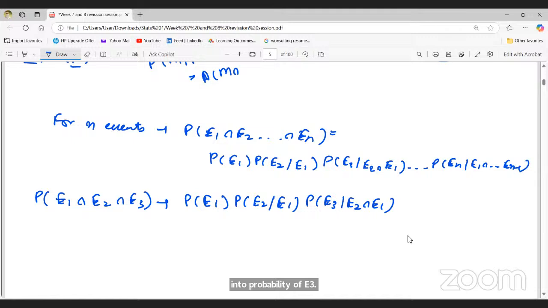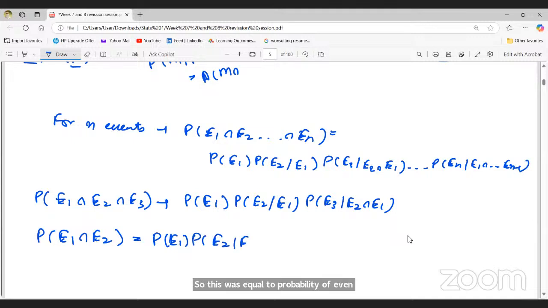Is this fine? We didn't understand this formula, ma'am. This is just a formula. See, earlier we had two events: probability of E1 intersection E2 was equal to probability of E1 into probability of E2 given E1. Now I have three events, E1, E2, E3.